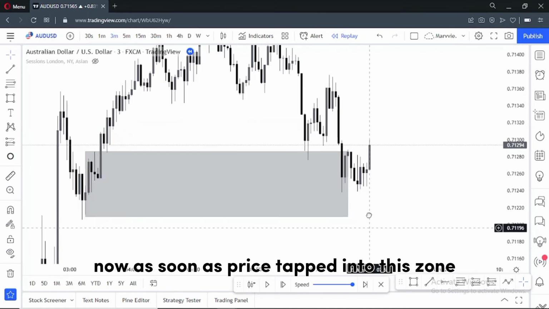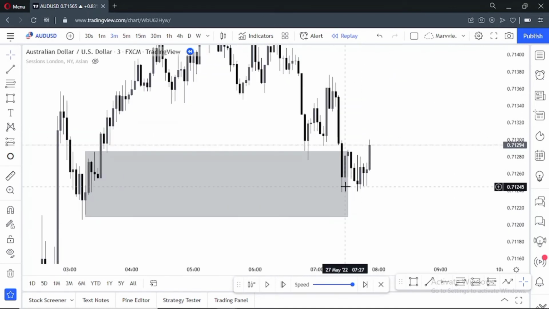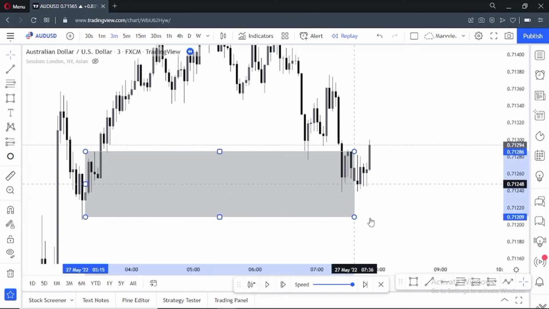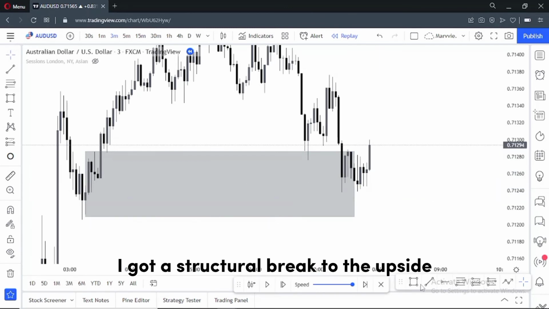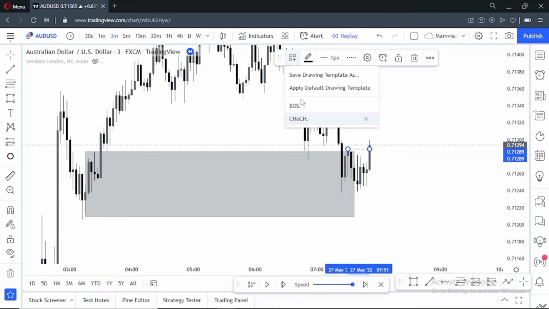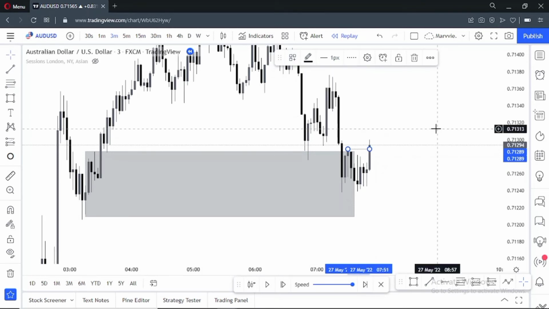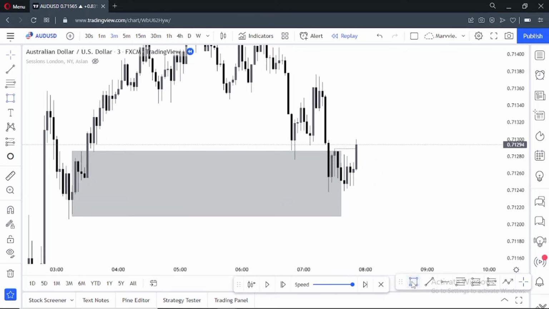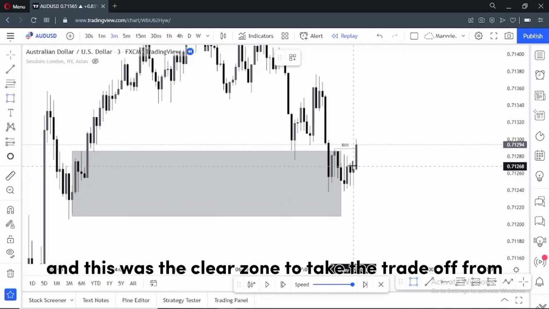Now, as soon as price tapped into the zone, I got a structural break to the upside. Then this was the clear zone to take the trade off of.